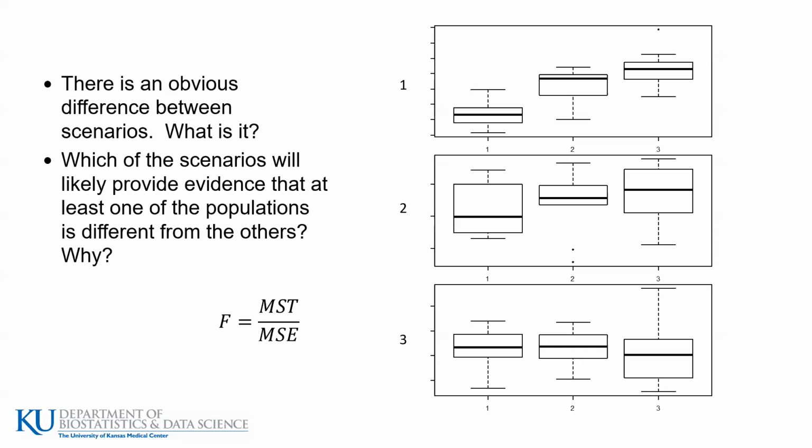And then finally, the third scenario shows no meaningful difference at all, so we wouldn't expect a significant result here. To recap, in the first scenario, we would expect some significant difference, whereas in the other two we wouldn't.